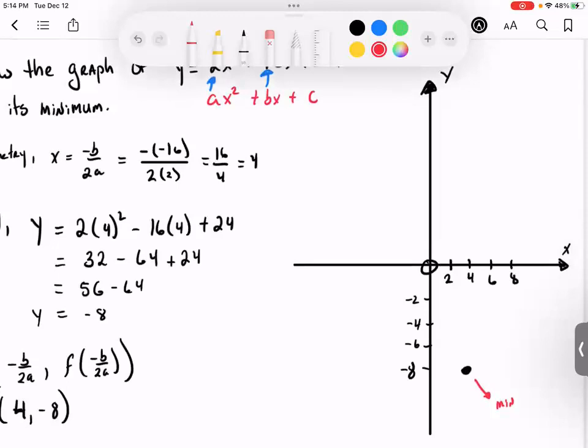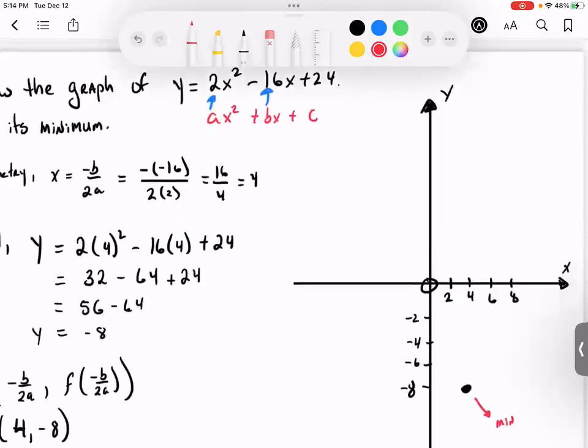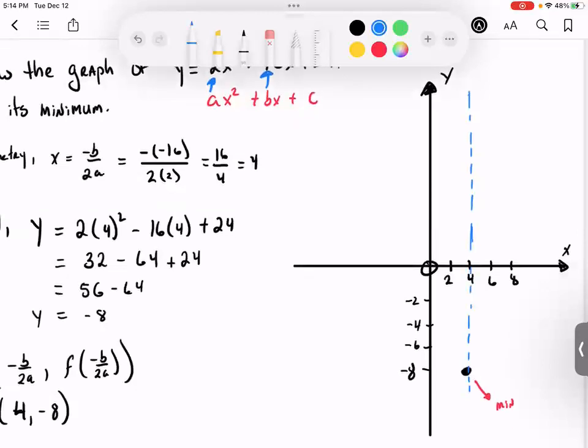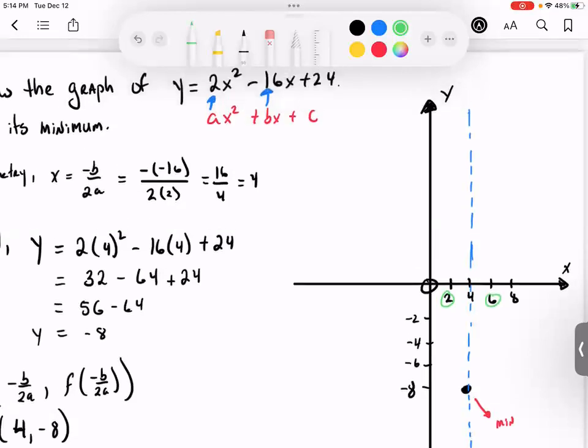Okay. Another thing you could have done was find the zeros for this function, or, because of the axis of symmetry, you could have plugged in a value directly to its left and a value directly to its right to get a couple of additional points. So observe, I could find the zeros, but I'm electing not to. I just want to see what happens when I plug in x equals 2 and x equals 6 into our function.